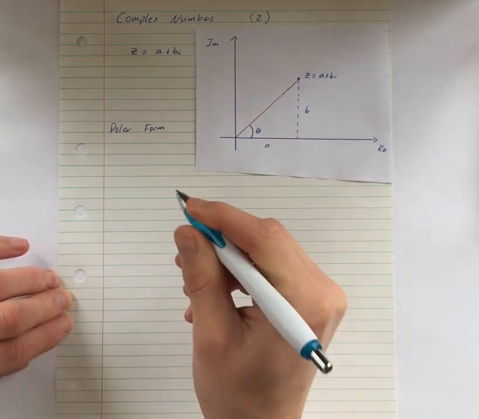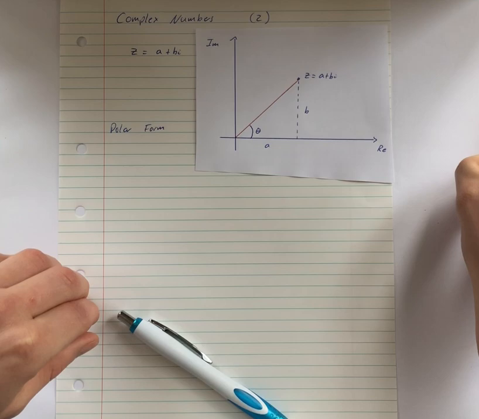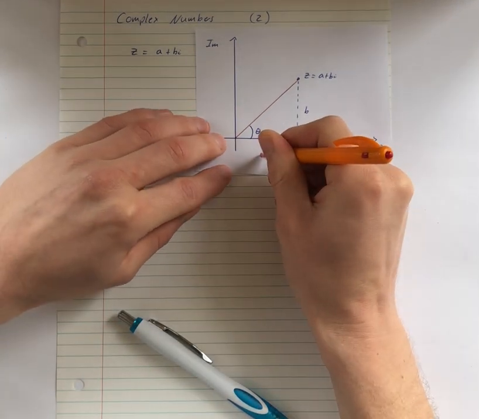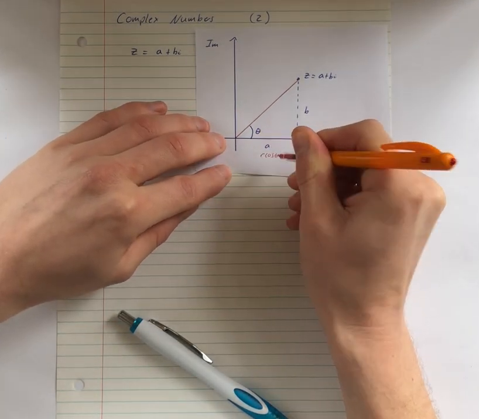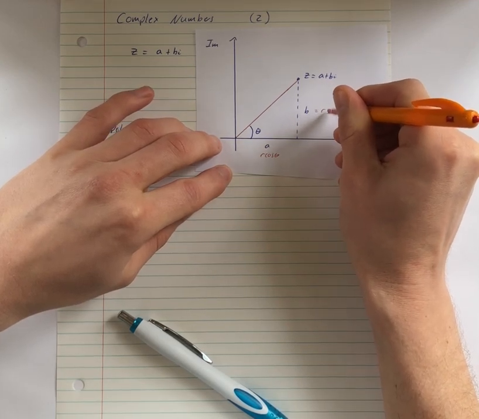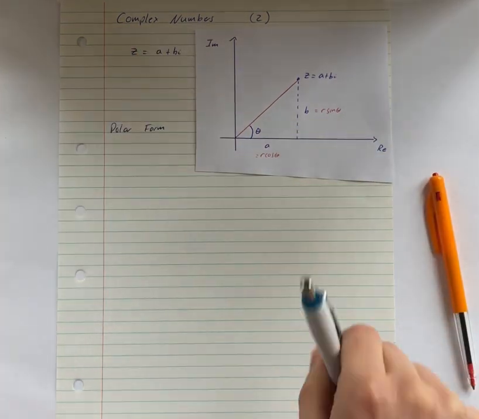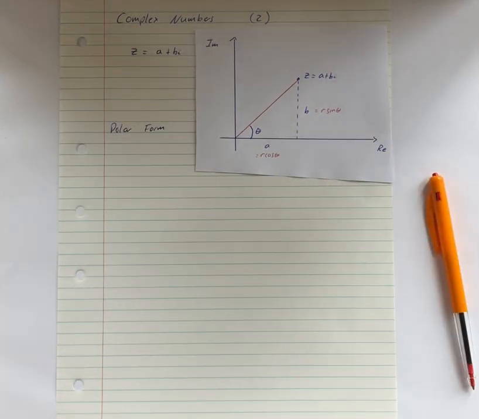Polar form. This A we can write as R cosine theta, and this B we can write as R sine theta. So we've actually got this trigonometric relationship happening.